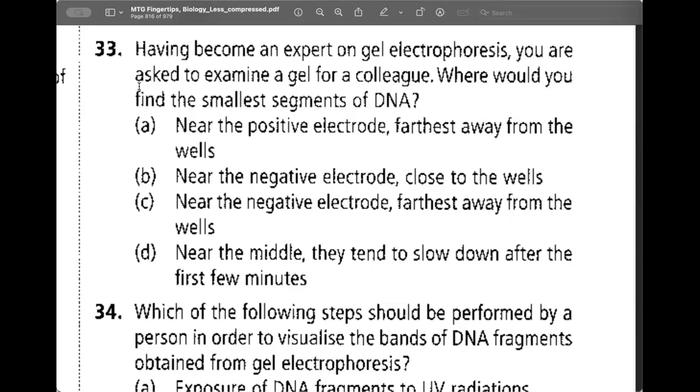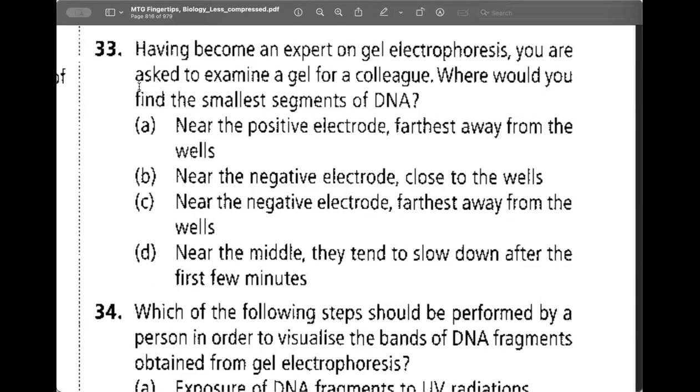They tend to slow down after the first few minutes. Option A. And why do you think it's A? Because it moves to the positive terminal, right? Right. The farthest one. So A.